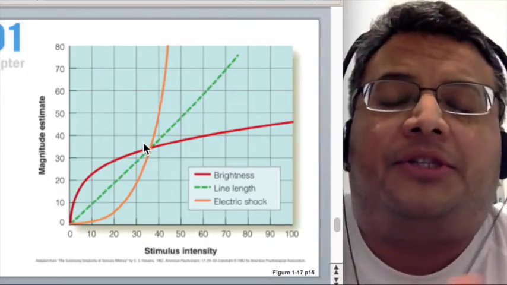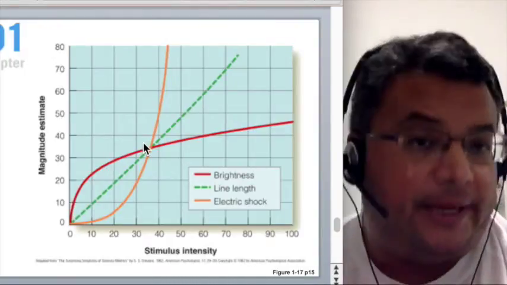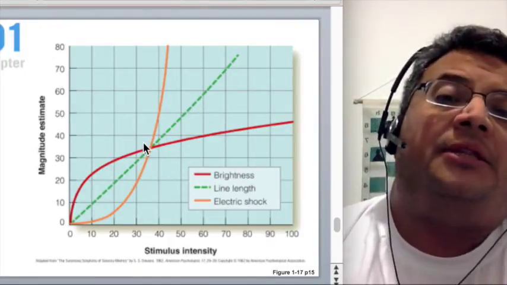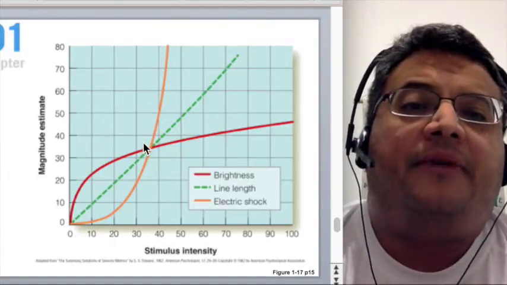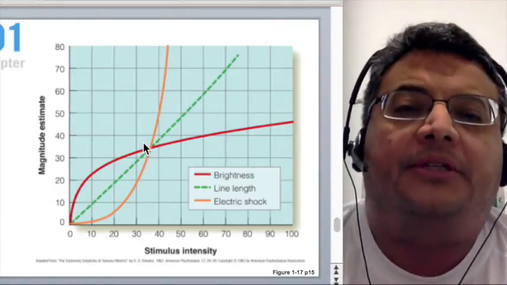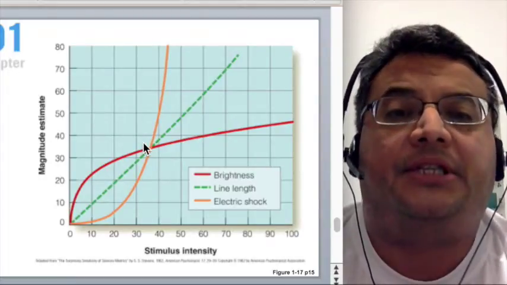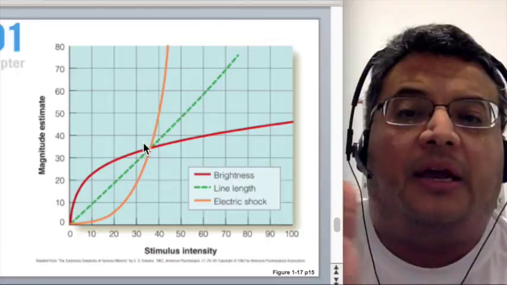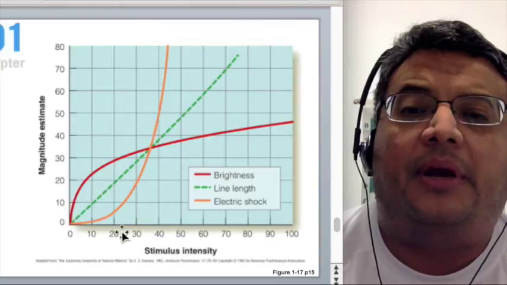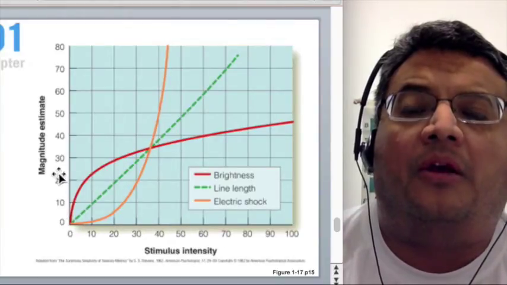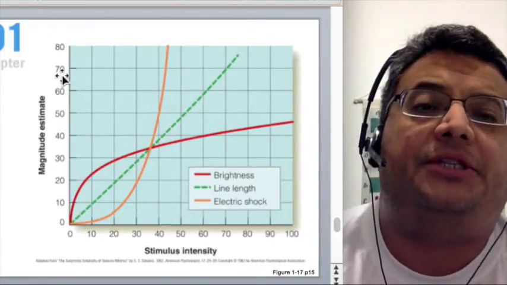For example, this chart shows an example of response compression and response expansion. The green dashed line running from left to right in a very straight line is our control line. This is where we're estimating line length. The longer you make the line, the longer we say the line is, and that's a perfect example of a straight line relationship.